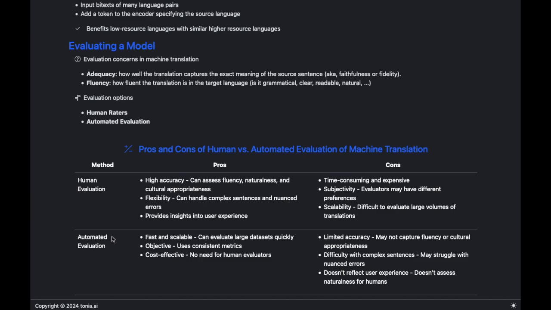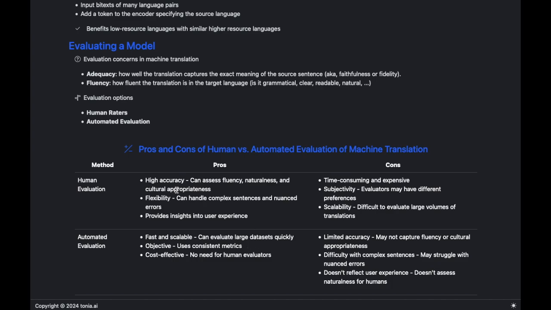If we look at the pros of automated evaluation, of course, the first pro is that automated evaluation is going to be fast and scalable. If we use automation, we can evaluate large data sets very quickly. The objective, it uses consistent metrics.